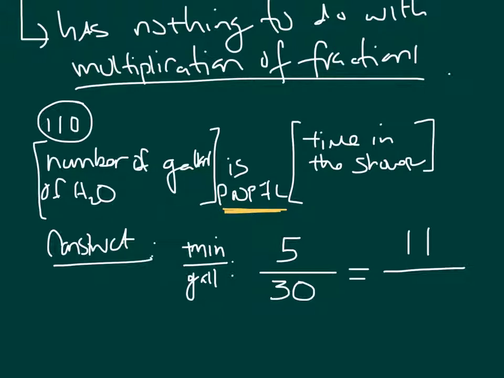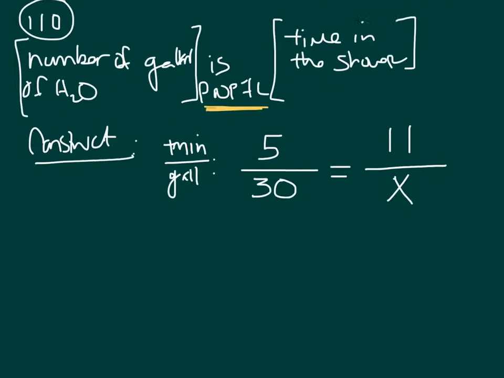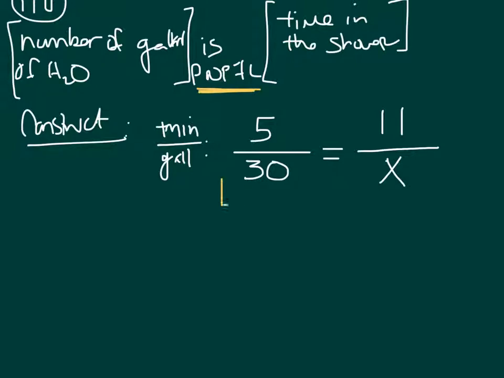And how many gallons? We don't know, so that's what I'm going to call X. X is like my question mark. The construction's not too bad. Here is our proportion.